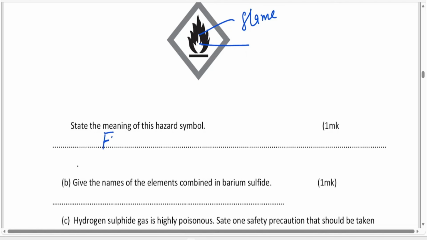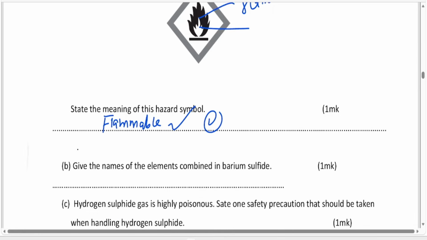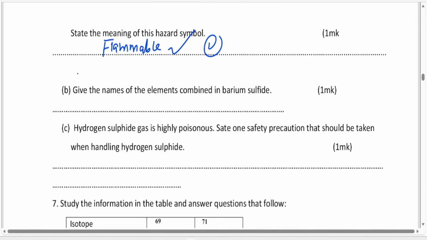So the meaning is flammable. This means the substances are flammable. So 1 mark.